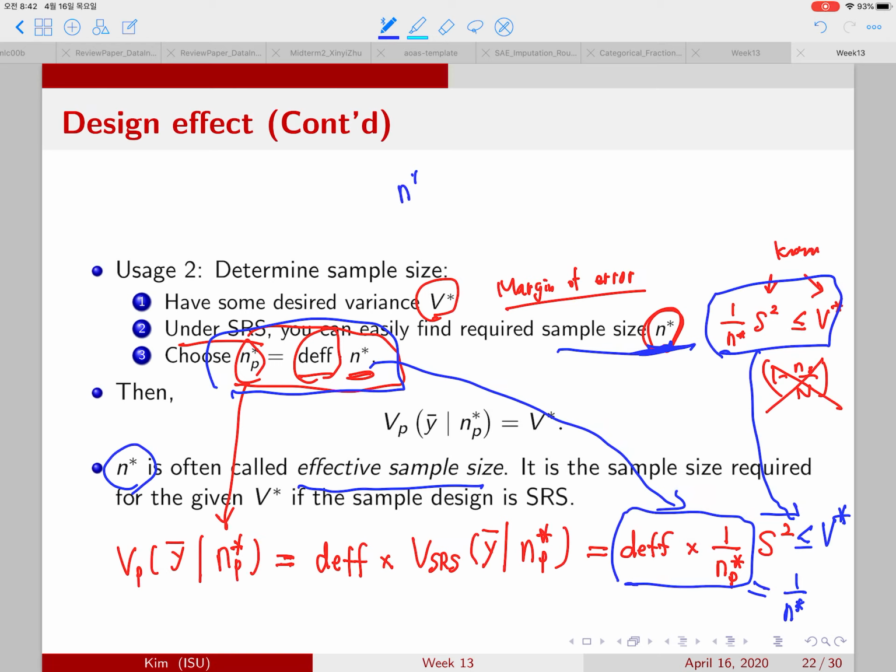So n star is n_P divided by the design effect, where n_P is the actual sample size under the current design P. It is the sample size required for the given n star if the sampling design is simple random sampling.